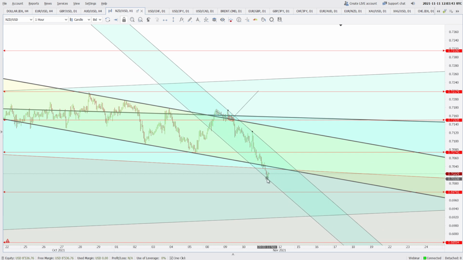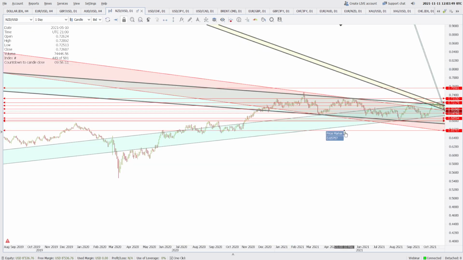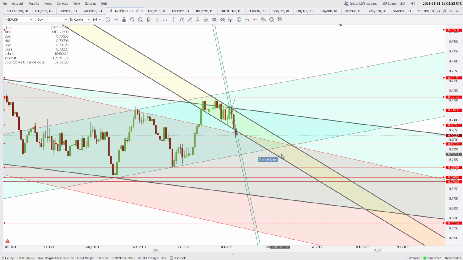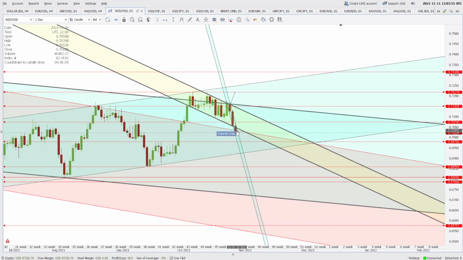When this channel breaks to the upside, that may be a signal to go long, because this is a 1 hour channel, so we will always know when the price is going to go up. Here it will break somewhere, either after testing 0.6979 or maybe after testing this rising channel's line.